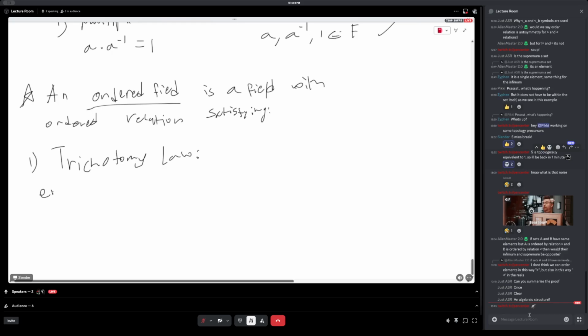This says that for every a in F, we have either a is greater than 0, meaning a is positive, or a is negative, or a is equal to 0. So exactly one of these will hold. So this is the trichotomy law.